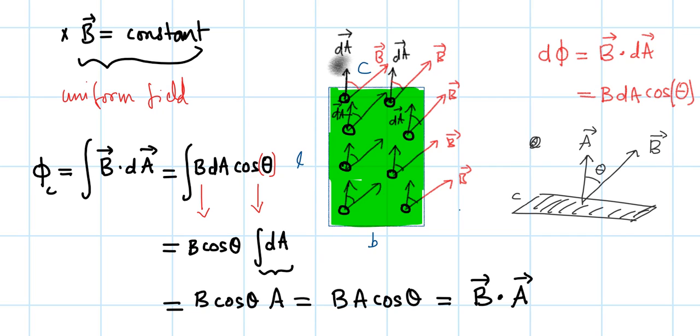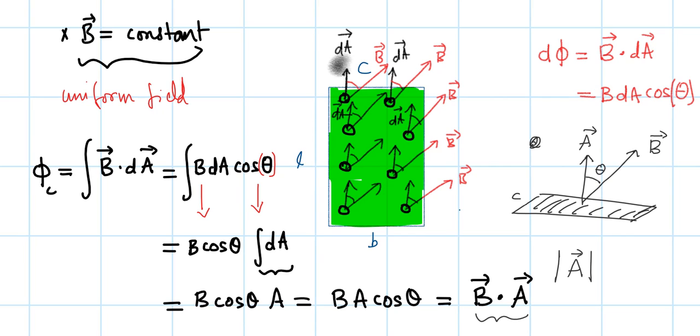You can just directly evaluate the flux by doing the dot product B dot A, where A is nothing but the total area vector.